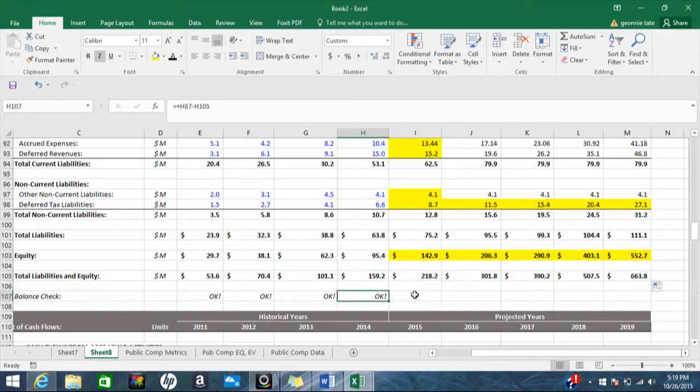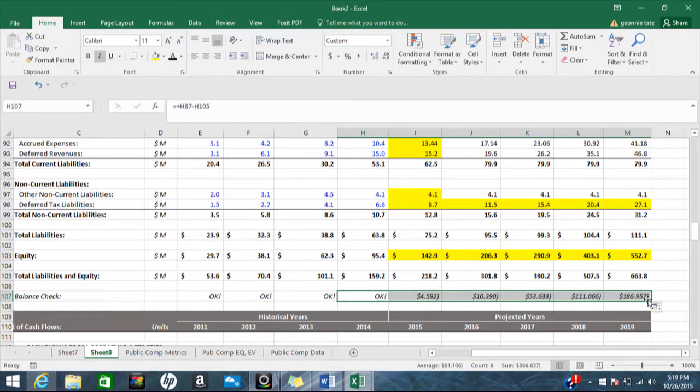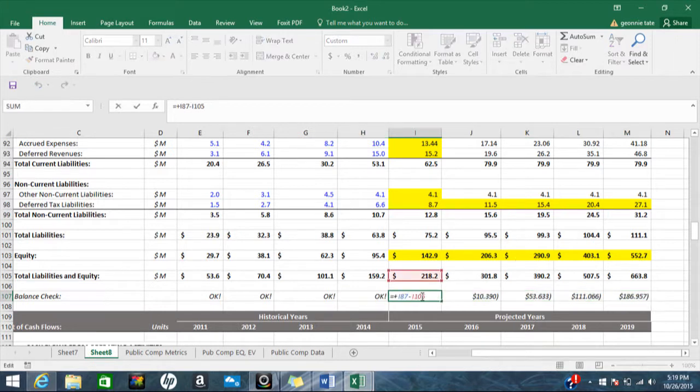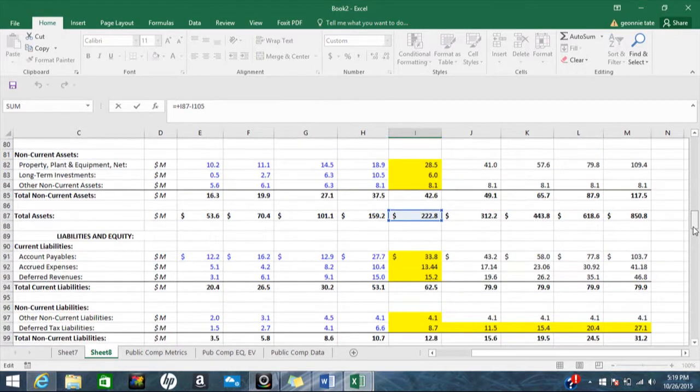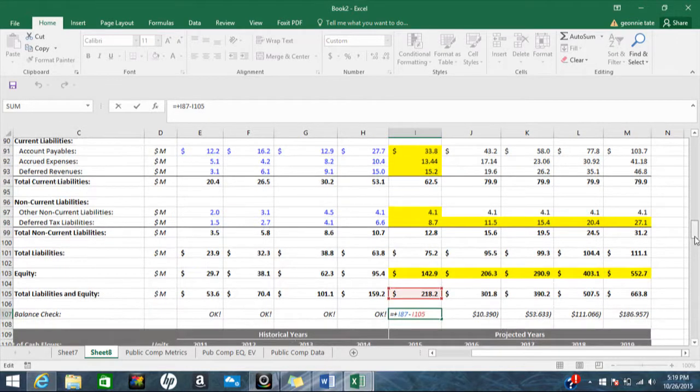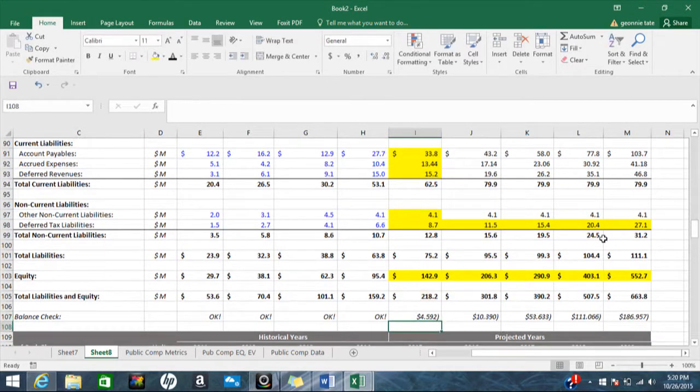Now I have a formula to check if everything is okay, and it's not. Everything doesn't balance now because as you see here, I have the total assets minus the total liabilities and equity there, and it doesn't sum up.